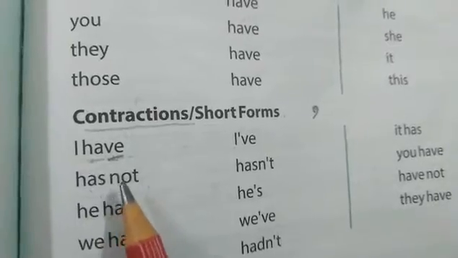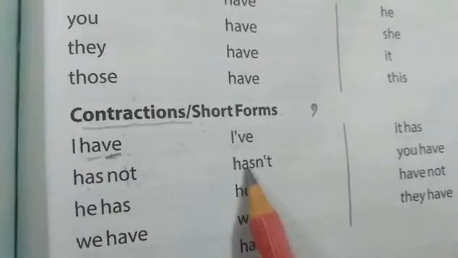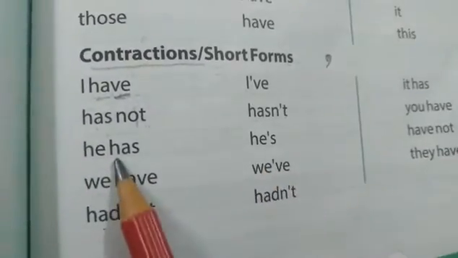Has not, hasn't, so we have omitted O in this case. Has with an apostrophe T. Then he has, he apostrophe S, from has we have taken S. We have, we apostrophe VE, from have we have taken VE. HA is omitted. Wherever we are using have on the right side, we omit the HA part and use VE.